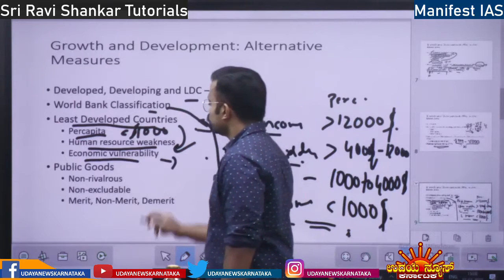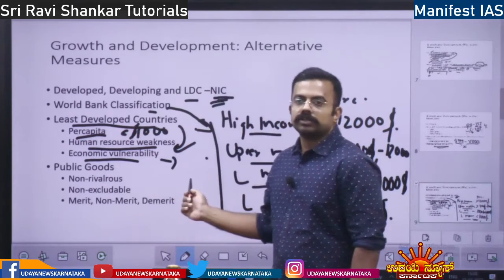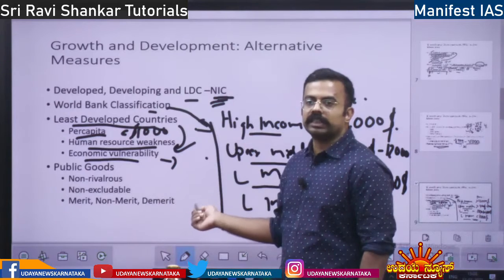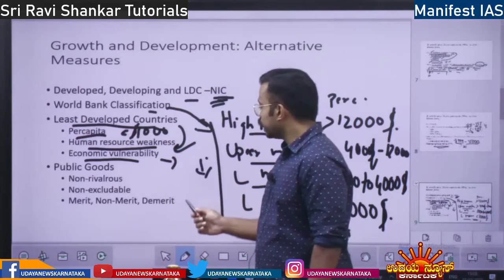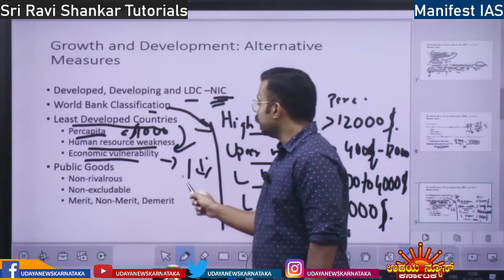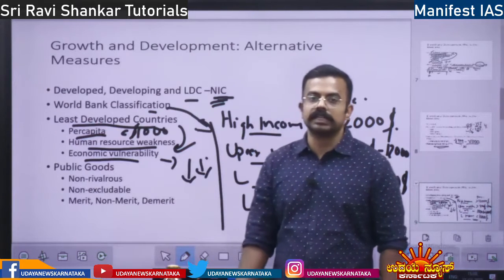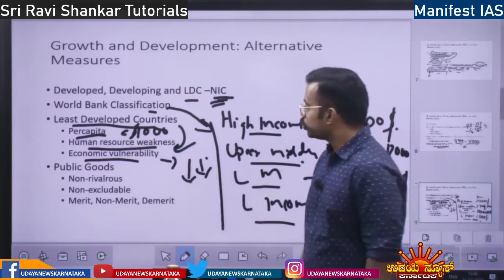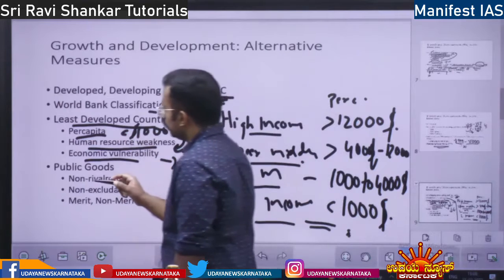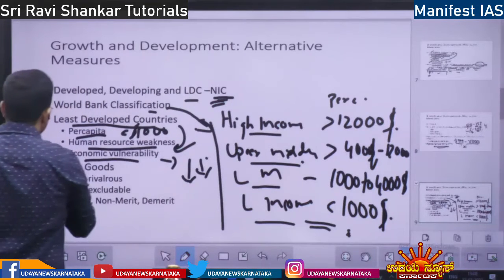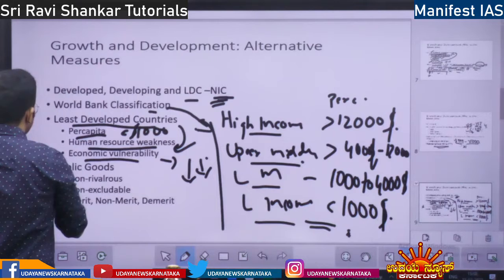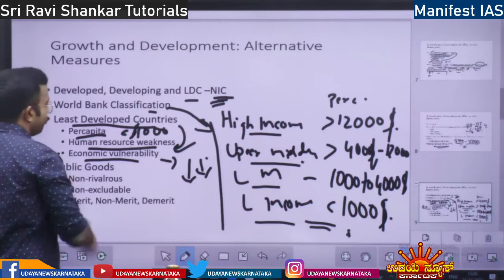And economic vulnerability. These countries are vulnerable economically. They have few resources, so minerals, agriculture, all the resources are low, right? And there is huge indebtedness. These countries have borrowed a lot, right? And also there is no forex reserve, no foreign exchange, right?